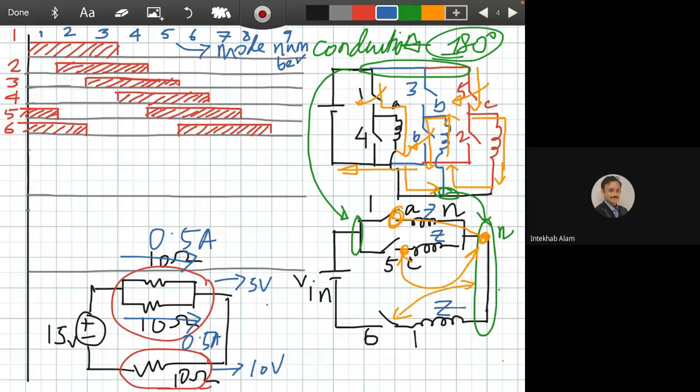We can use the voltage division rule. I'm just writing the voltage division rule here. If we mark this point A and this point N, then VAN we can write in this fashion.